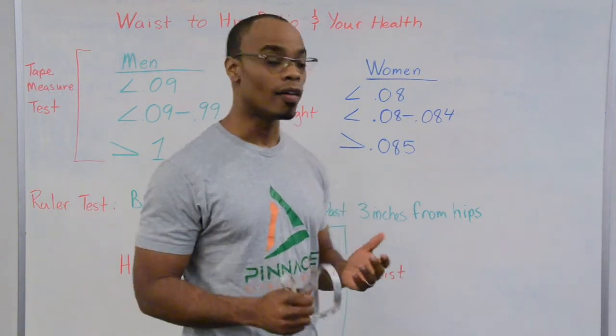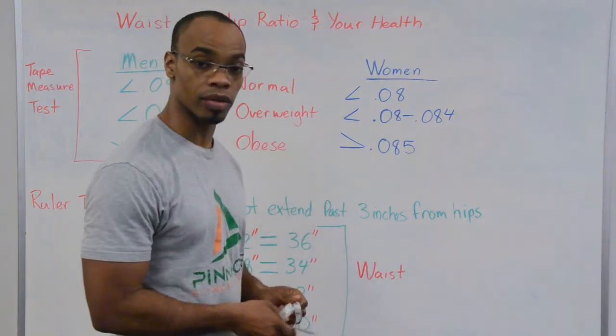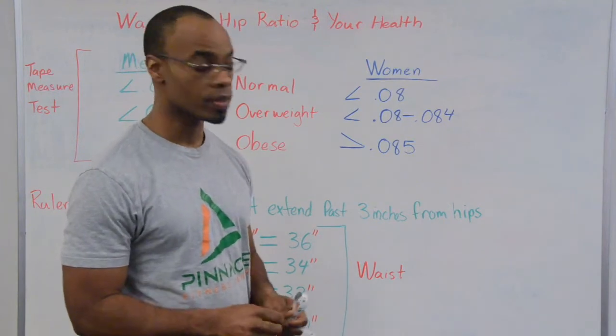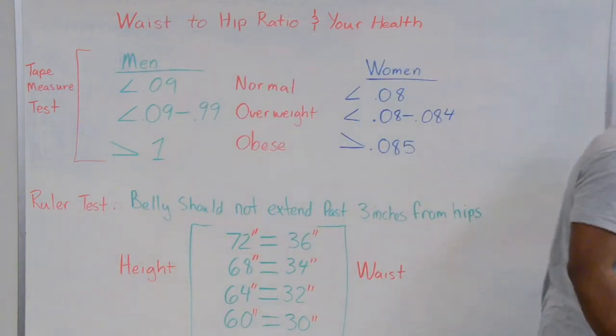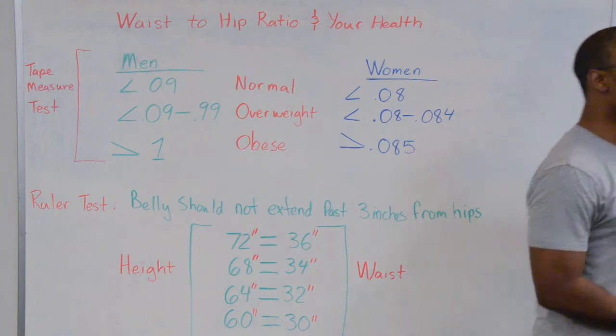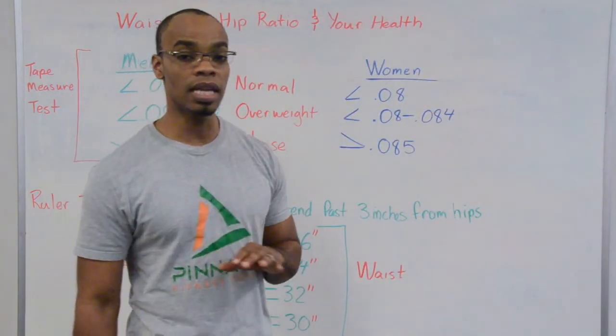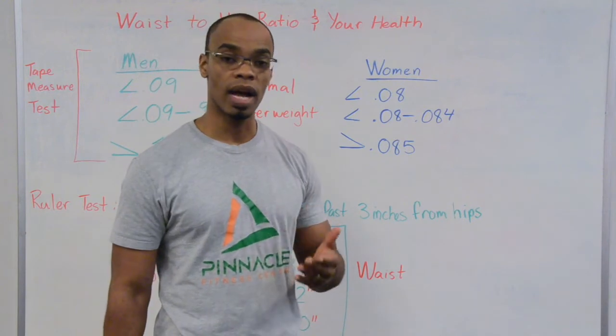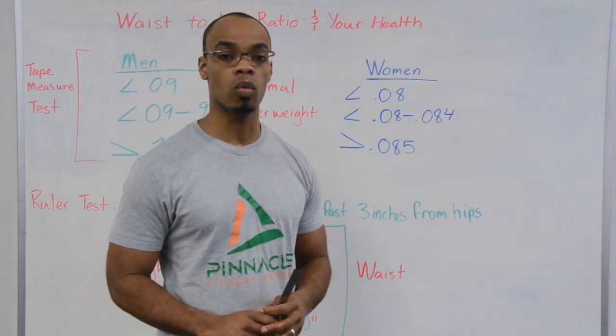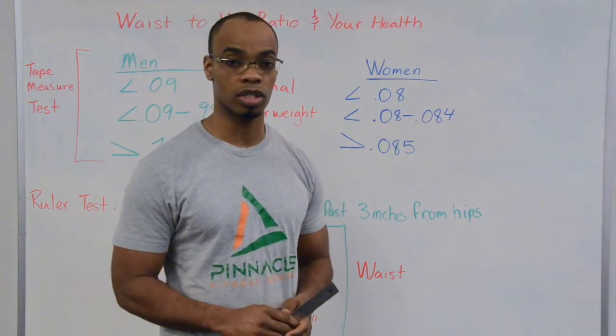And then you'll find your ratio there and determine where you're at. Now, if you do happen to be above these numbers, please go ahead and start getting in a workout regimen as well as a nutrition regimen.